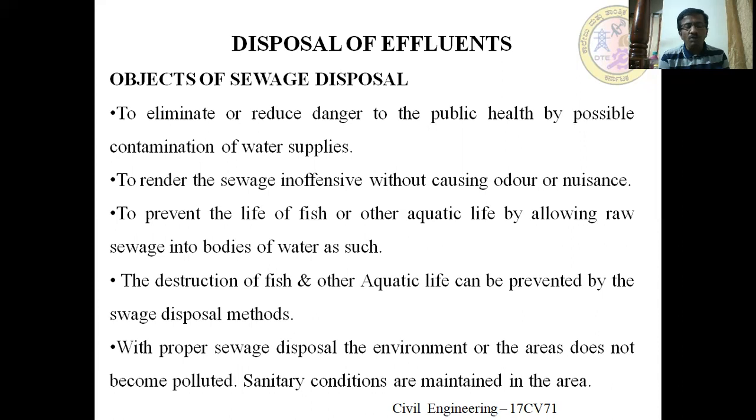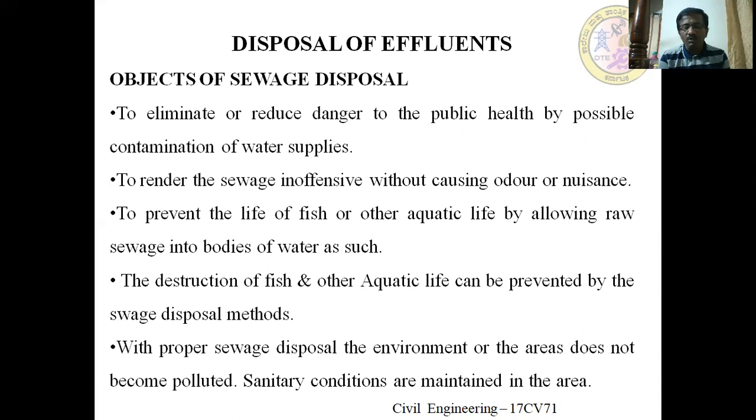Suppose the BOD value of any town or city is 1000 mg per L, then it is not possible to dispose that wastewater directly into the running water body. So we reduce the concentration of BOD by giving preliminary or secondary treatment. Once it is confirmed that the BOD value after treatment is less than 250, then only you dispose.